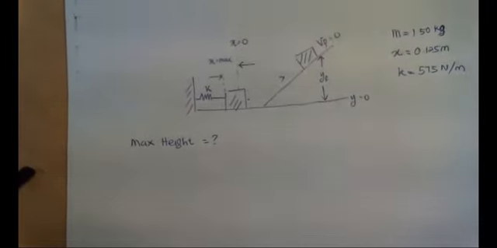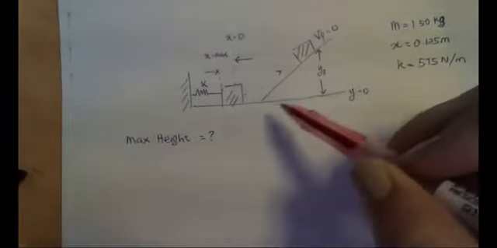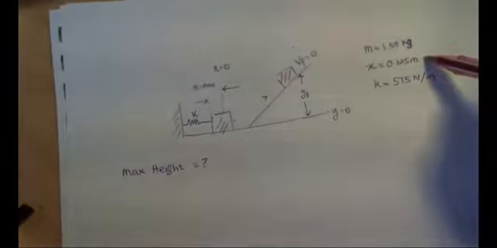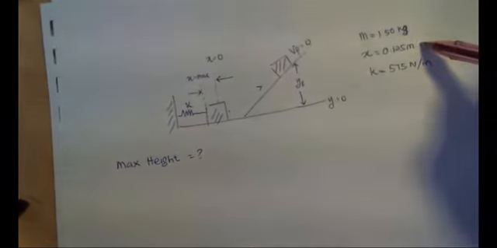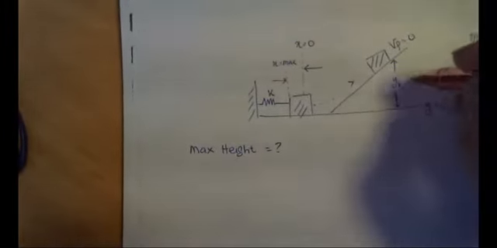So this is the sketch of the question. I already wrote out everything for you: the mass of the block, the stretch distance, and the value of the spring constant. So you have to calculate this value over here, which is the maximum height.